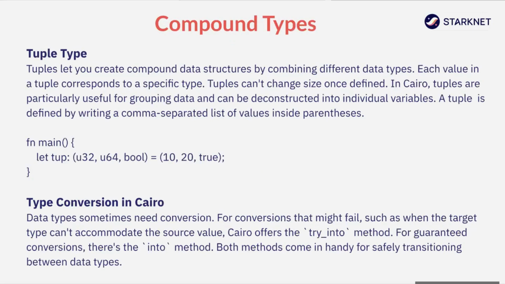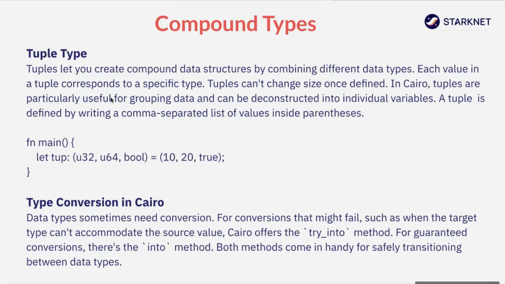One compound type we have is the tuple type. Tuples let you create a compound data structure by combining different data types. Each value in a tuple corresponds to a specific type, so in a tuple you can have different data types in it. Tuples can't change in size once they're defined.